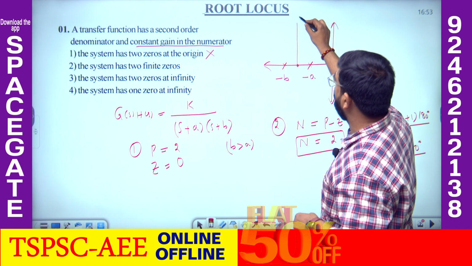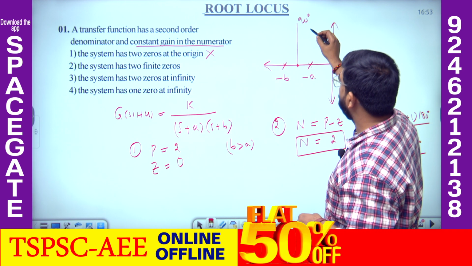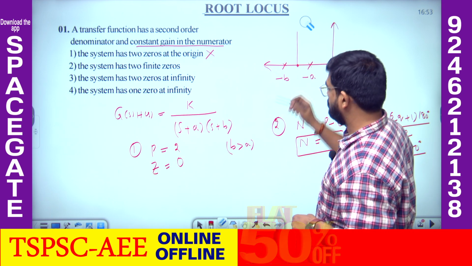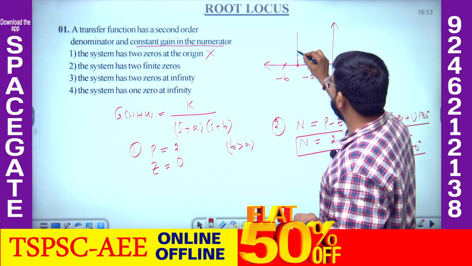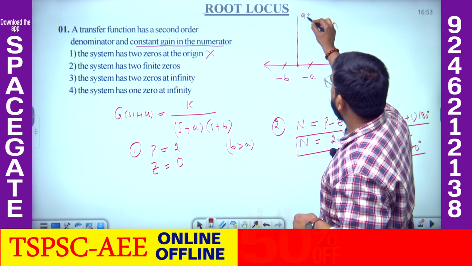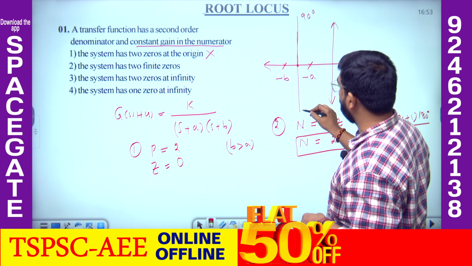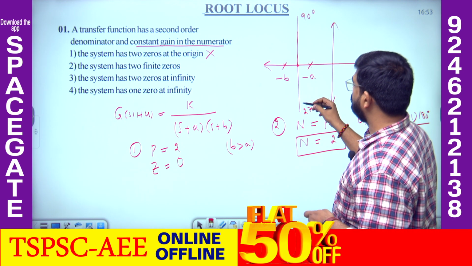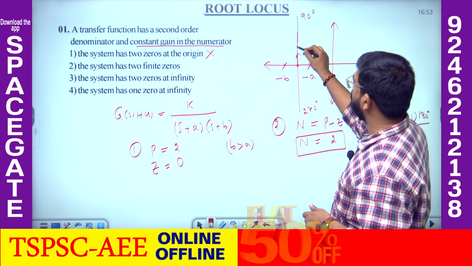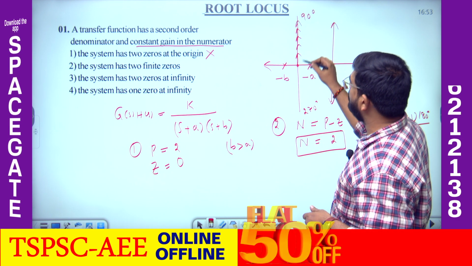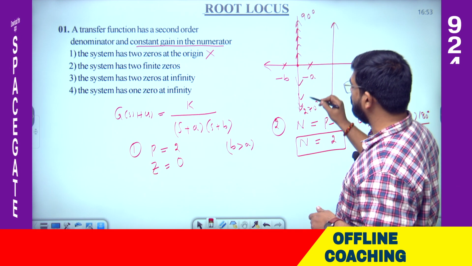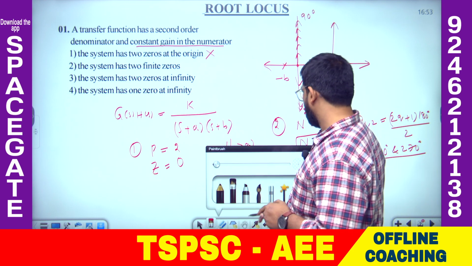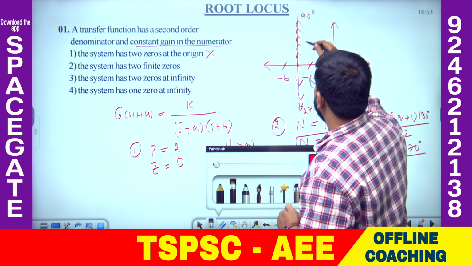One branch travels along this 90 degrees, and another one travels along this 270 degrees, terminating in infinity, in the zeros.